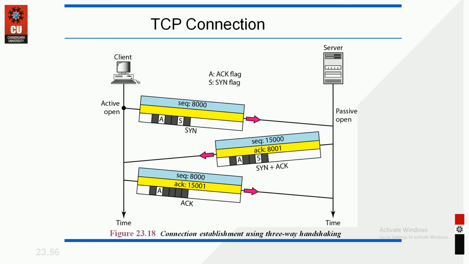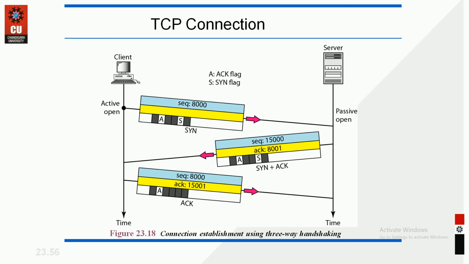This is the connection establishment using three-way handshaking. First the client will send the synchronization with the sequence number 8000, right? Whenever the destination receives it, it will reply with the sequence number 15000 and acknowledgement 8001. Why is it 8001?